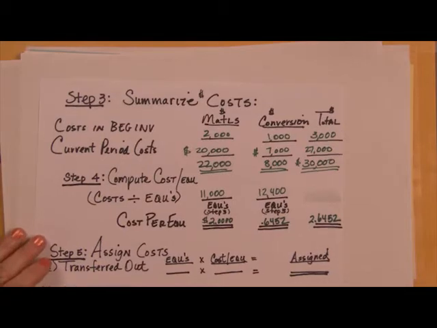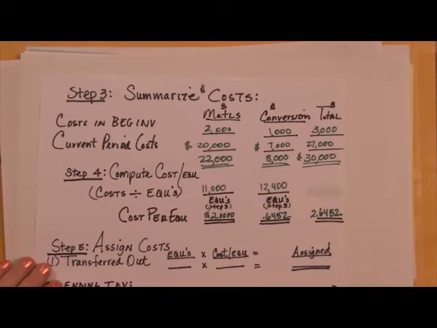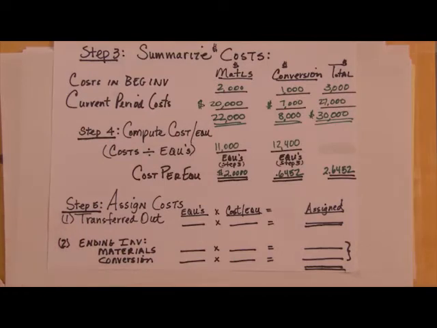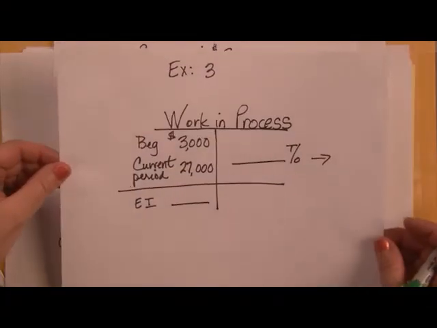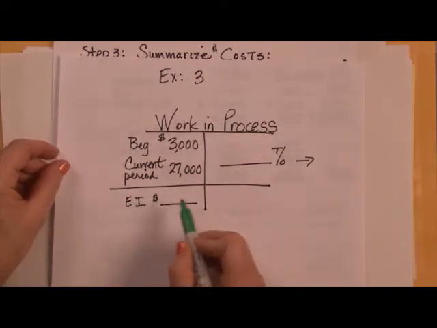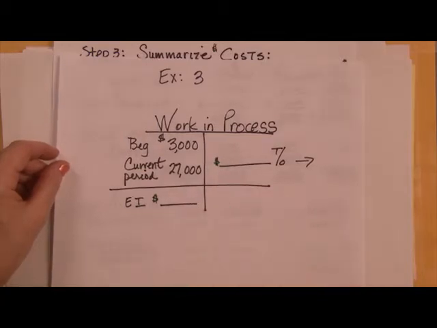All right, the last step of this is to use all the information that we've been using, and we will go through the process of assigning cost. And keep in mind, our purpose is to take the cost and assign them to either ending inventory or transferred out. In other words, what we're going to do is perform the calculations that will allow us to enter this number and this number.